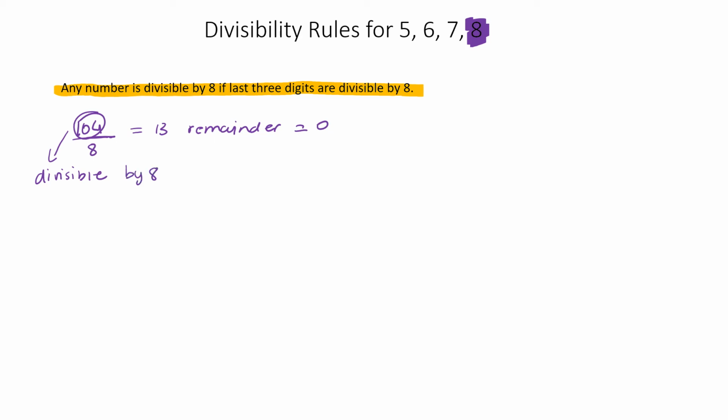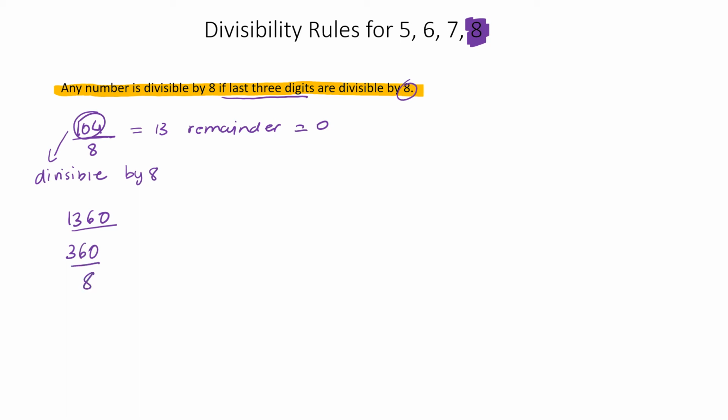Such as, let's take 1360. So according to the rule, we have to check whether the last 3 digits are divisible by 8. And let's do that. Last 3 digits in this number is 360. Is 360 divisible by 8?